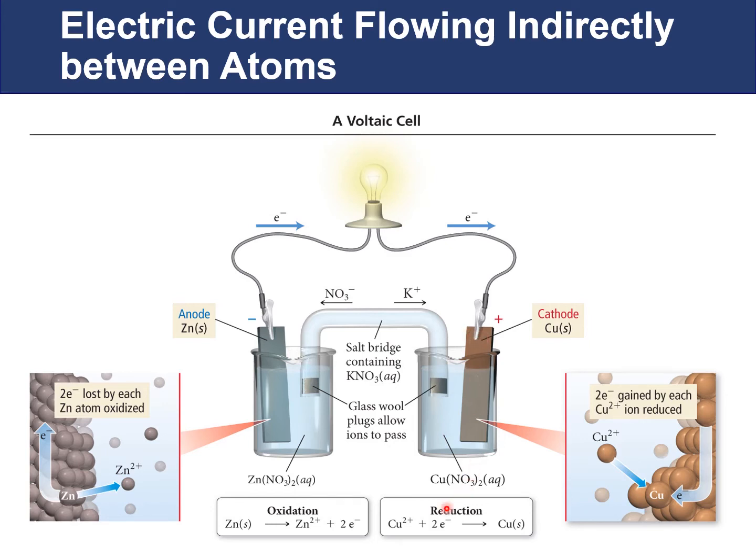In those cases, you would have perhaps copper 2 plus going to copper 1 plus. So it's staying in solution, going from the copper 2 plus to the copper 1 plus. They're both aqueous, and so the copper 1 plus is not being plated onto the electrode. In this particular reaction, however, your copper 2 plus is being converted into copper solid. That copper solid is plating onto the cathode.